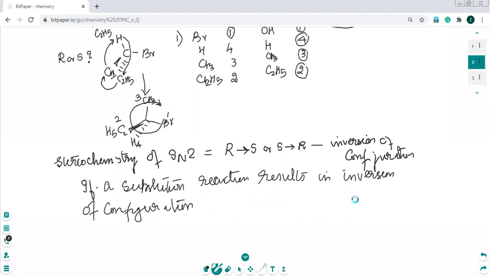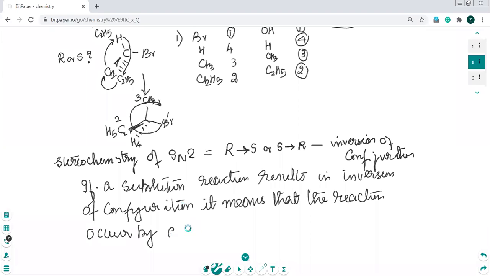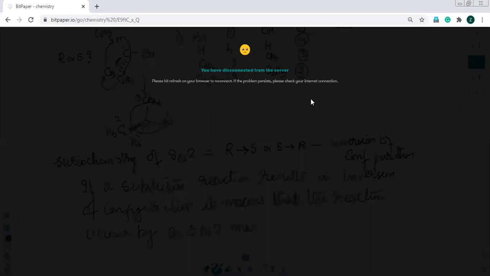The reaction occurs by an SN2 mechanism.